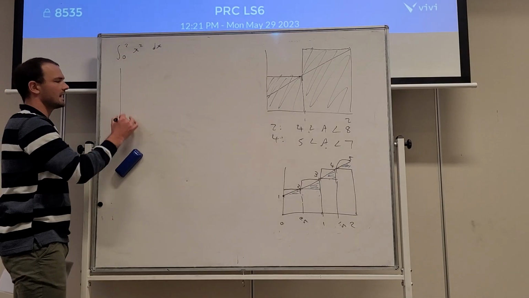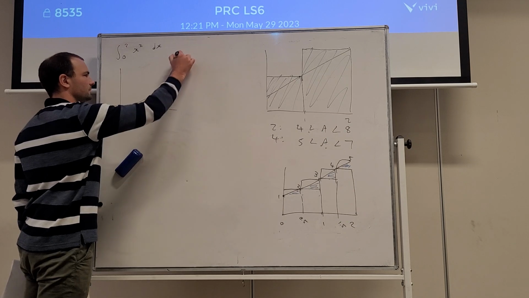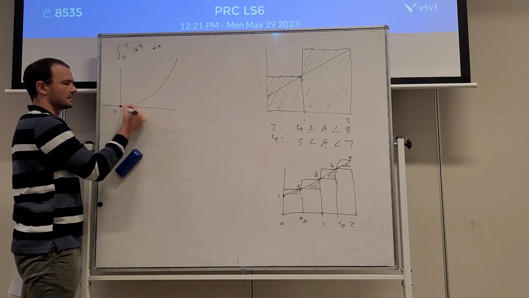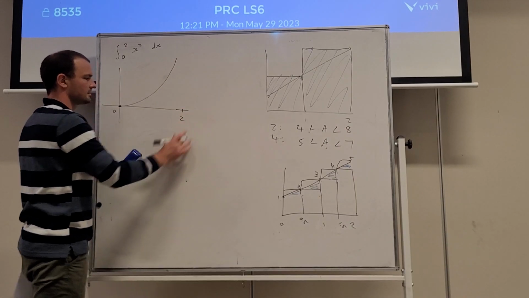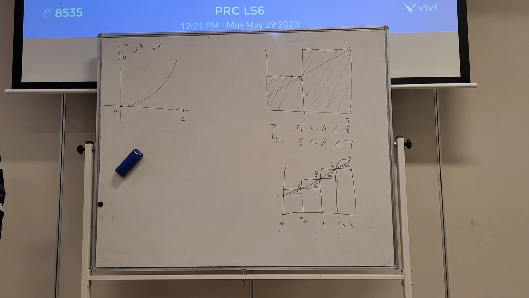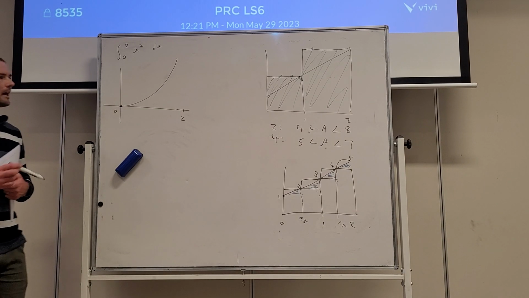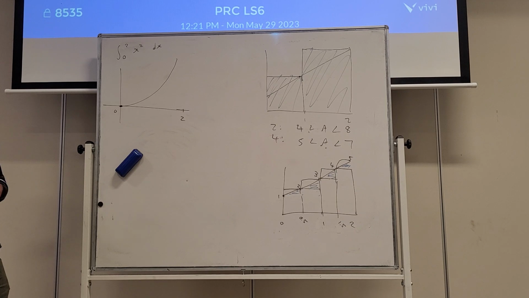So we're going to sketch the function x squared from x is 0 to x is 2, and we're going to do an upper estimate and a lower estimate. We'll do the upper estimate first.